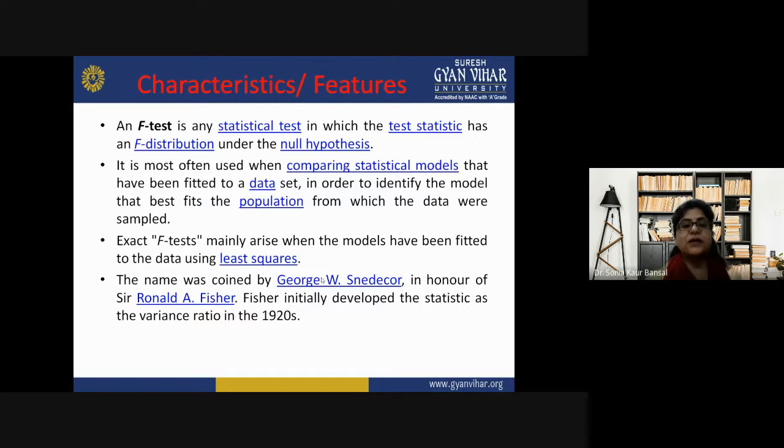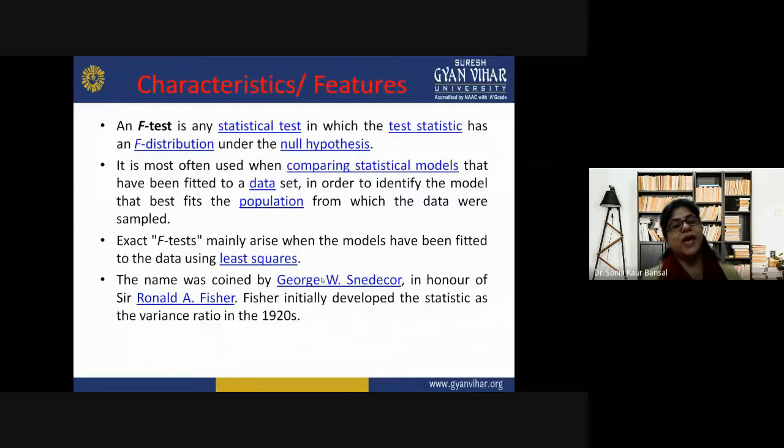Understand it in a simpler way: the F-test is very commonly used when comparing statistical models that have been fitted to one type of data, one particular sample, in order to identify the model that best fits the population from which the data was sampled.